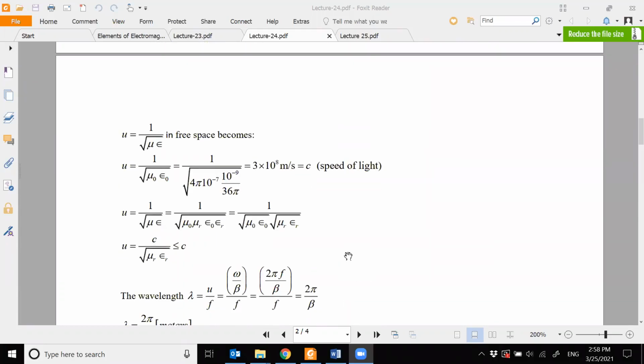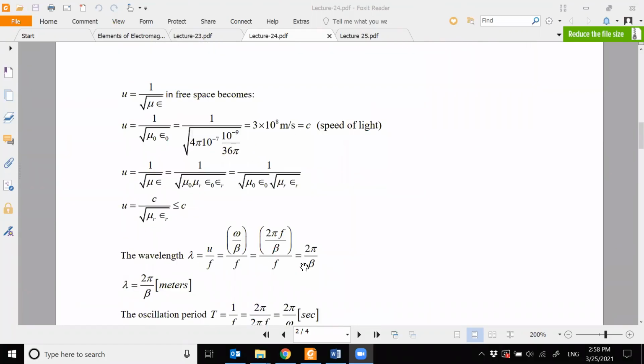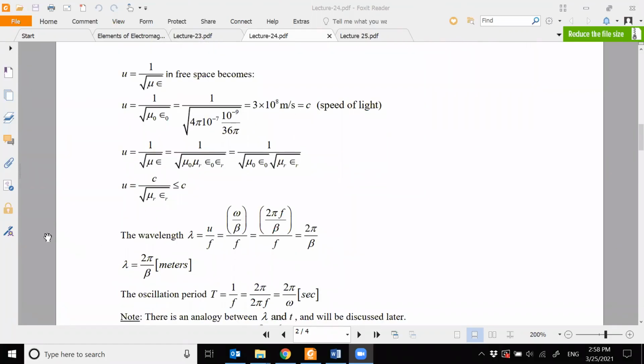Okay. Then I'm going a little bit more detailed into the phase velocity. Now what I'm doing here is rewriting the phase velocity expression in terms of the speed of light. So I'm writing mu epsilon as mu 0 mu r and epsilon 0 epsilon r, right?